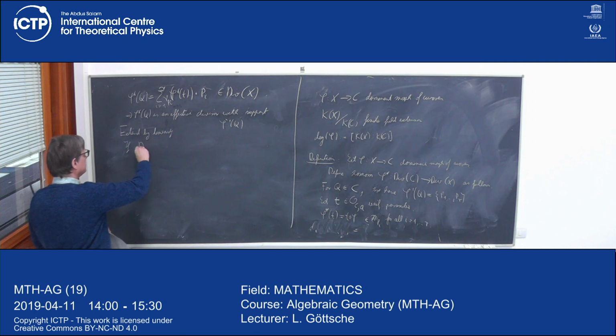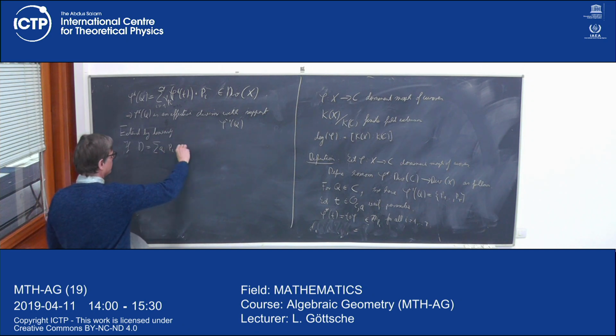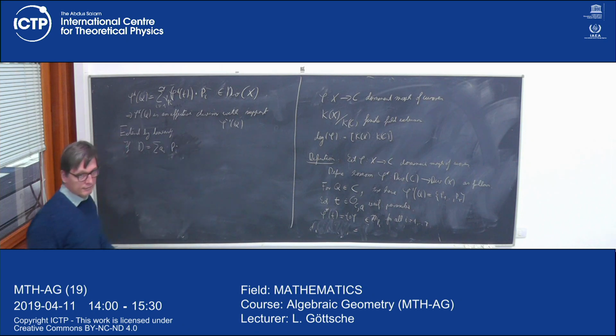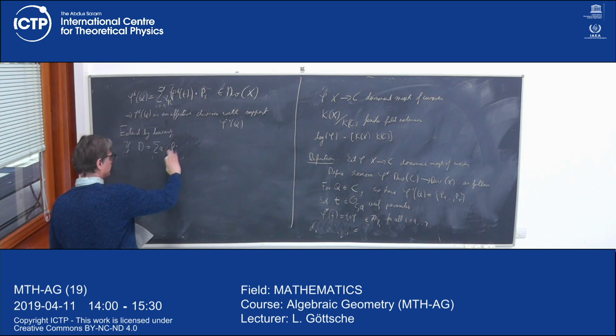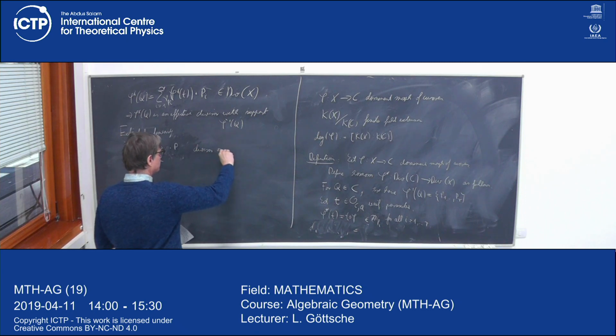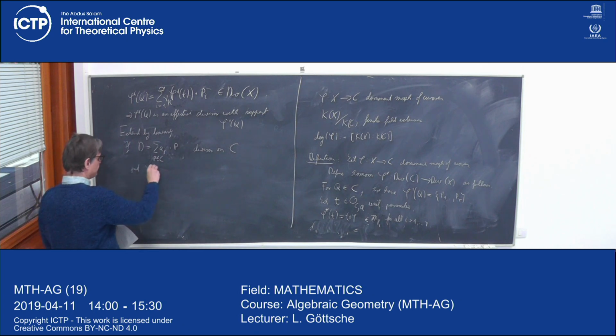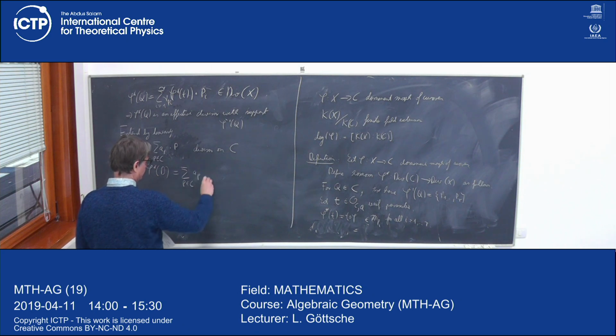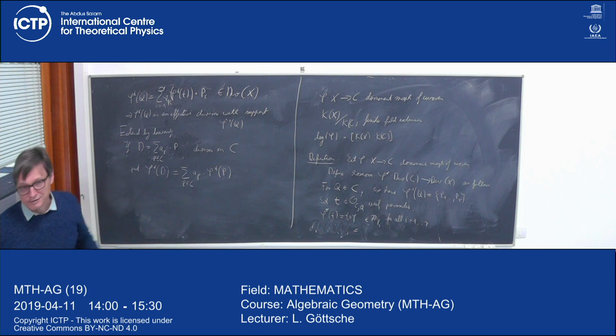So if D equals the sum of a_p times p, a divisor in C, we put phi star of D equal to the sum over all p in C of a_p times the pullback of p. This is just to make it linear.